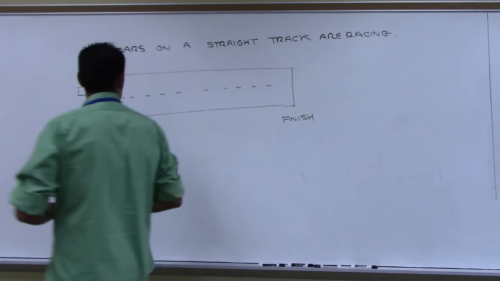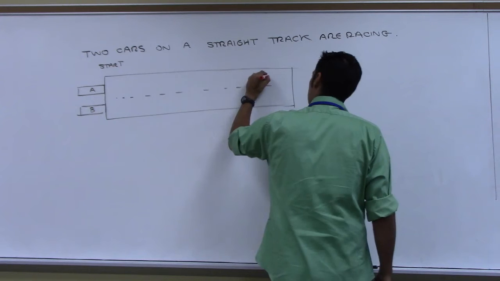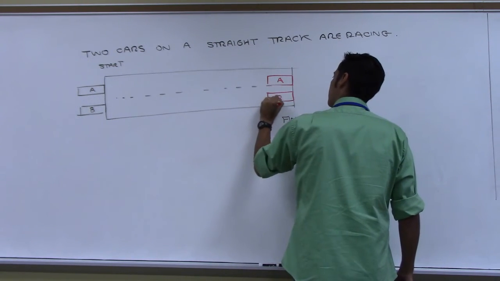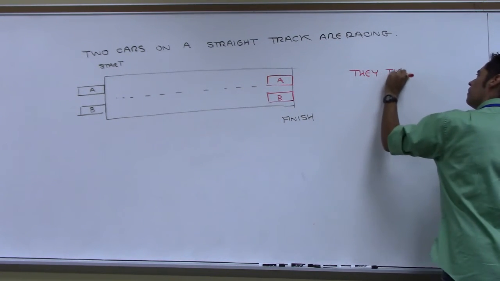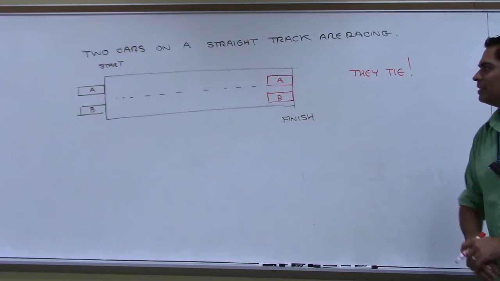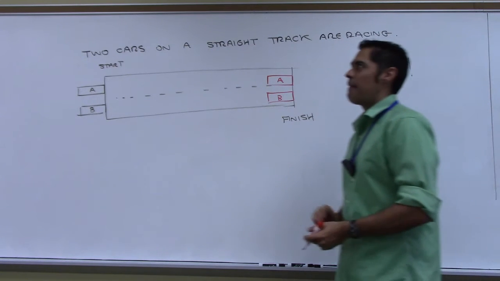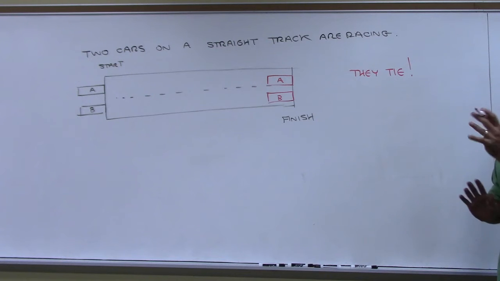Racing, racing, racing. And here's what I'm going to tell you. At the end, it's a tie. They tie. They'll have to race again, but they tie. My question to you is this. There's going to be two questions.